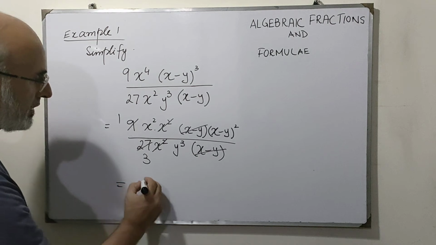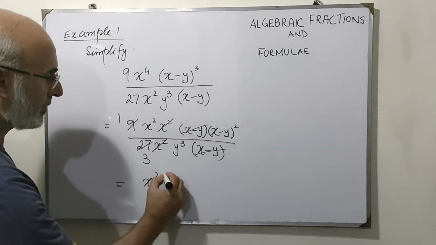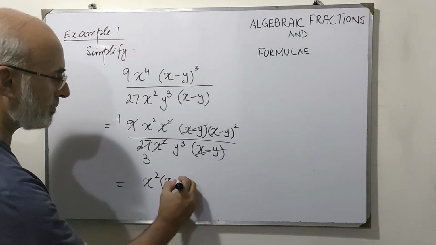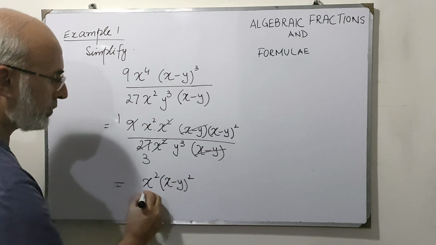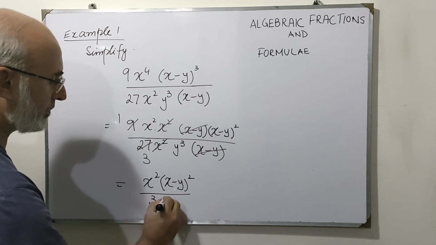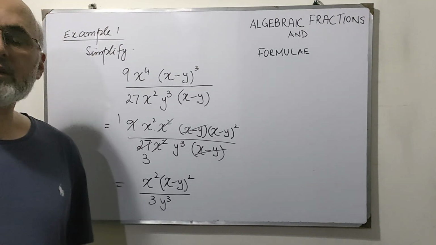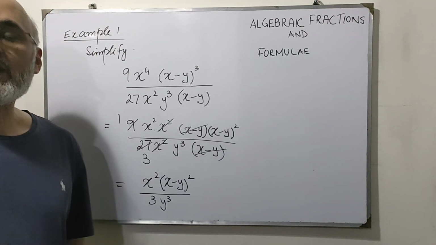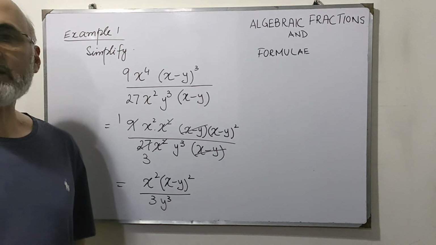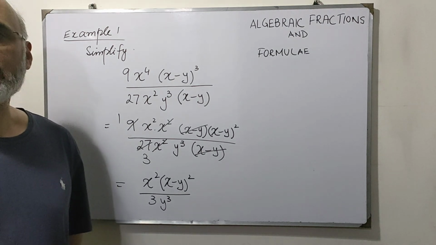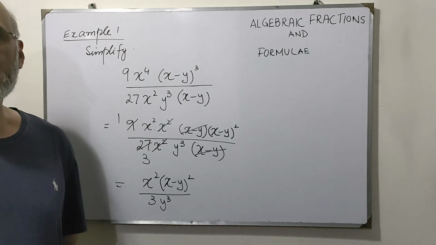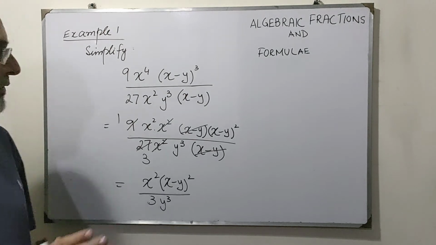So what is left? x square into (x minus y) square over 3y cube. Pretty easy, huh? You just have to figure out some way to make things easier, so that you don't make a mistake while cancelling out.